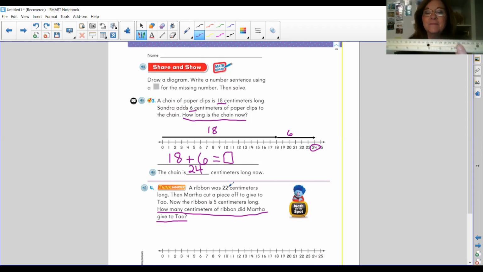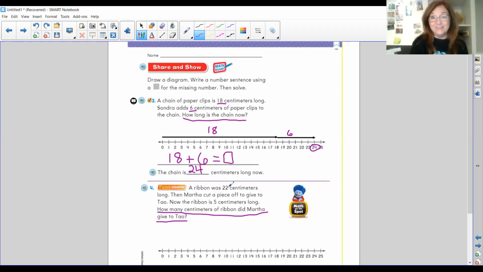And now it goes from 22 down to 5. Where's my 5? There, 5. So now there's only 5 centimeters. So this much was cut off. Okay, so I'm going to get us over to math on the spot, and we'll see how they solve it.